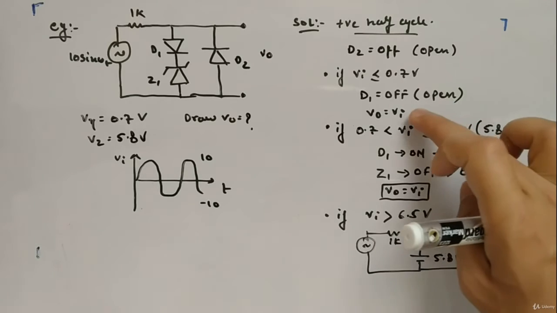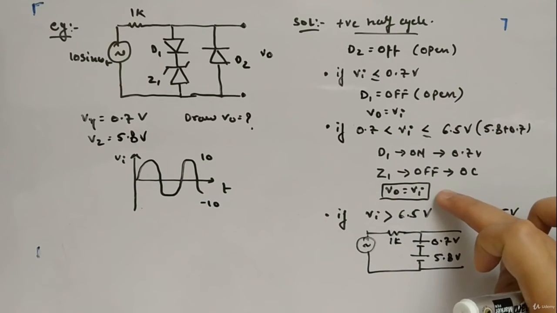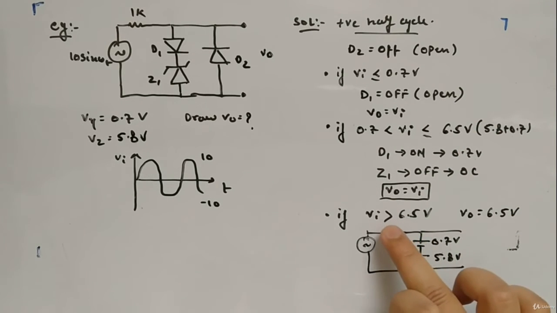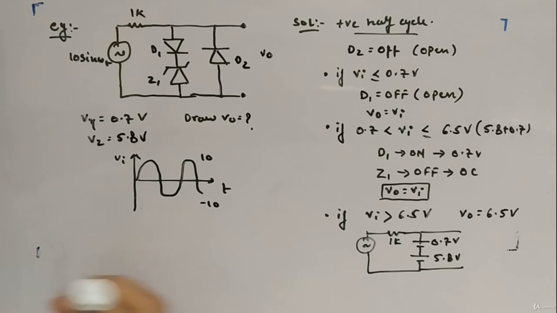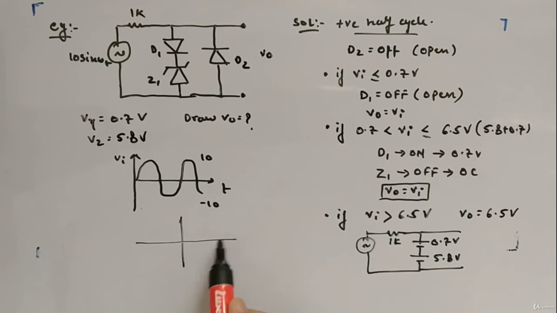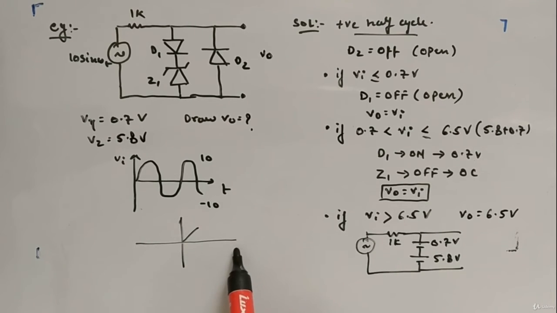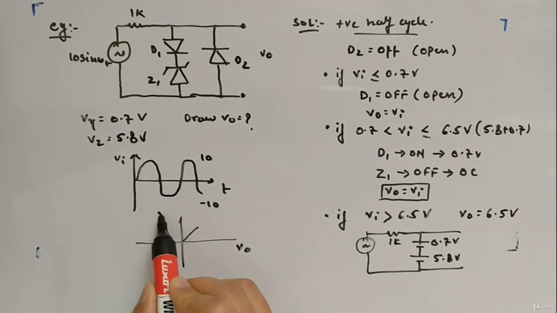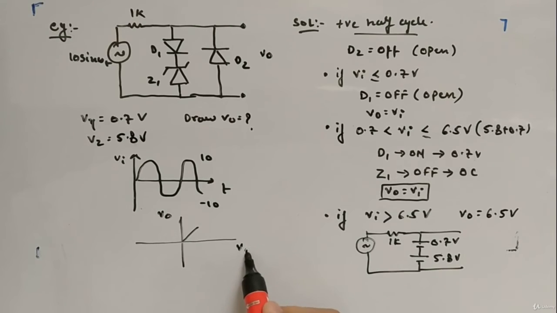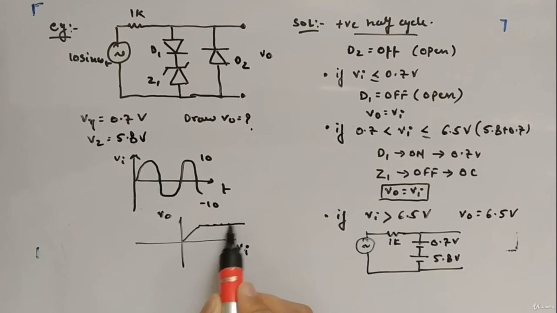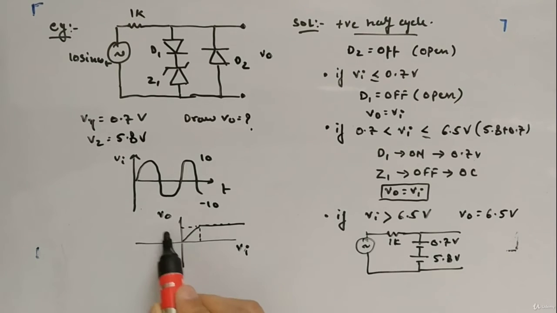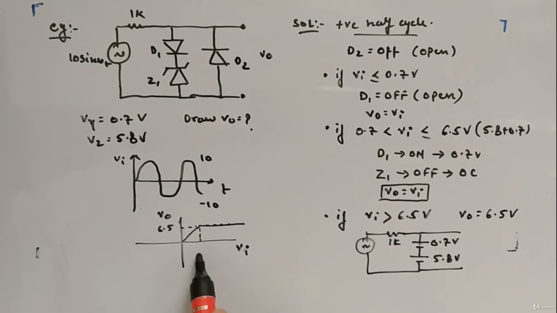Okay, so you can see how the waveform is changing. V0 was following Vi all the time, but as soon as Vi increases beyond 6.5 volt, V0 was stable at 6.5 volt. So you can think of it as the transfer characteristic, V0 versus Vi, and this will be stable at 6.5 volt.